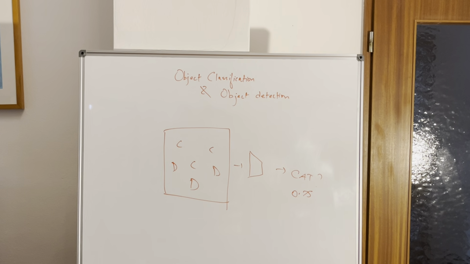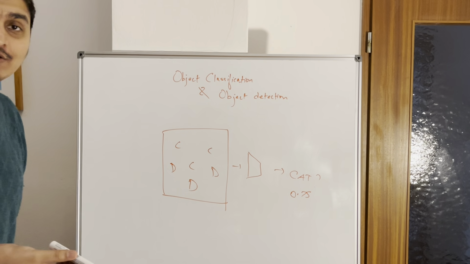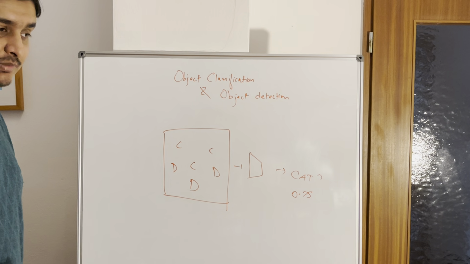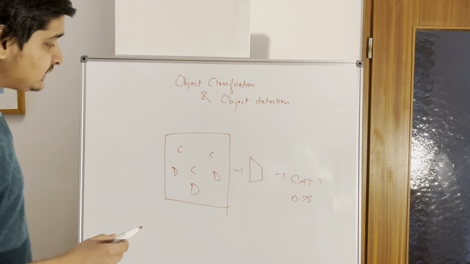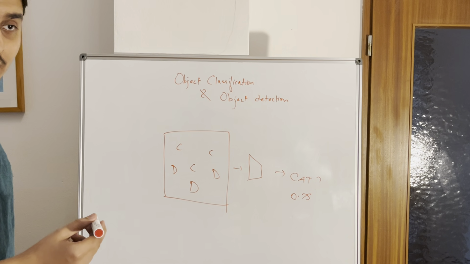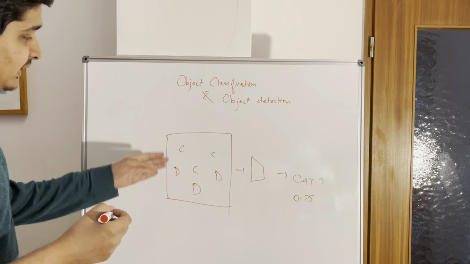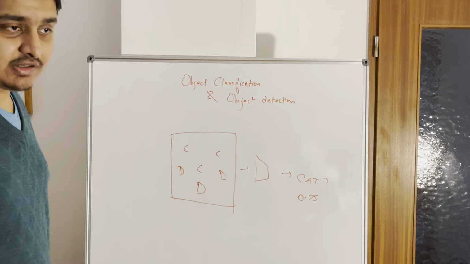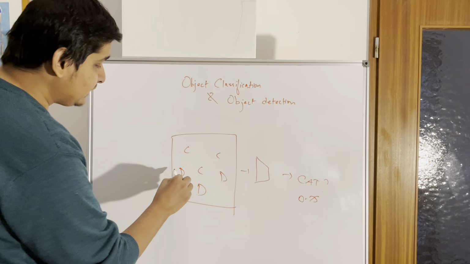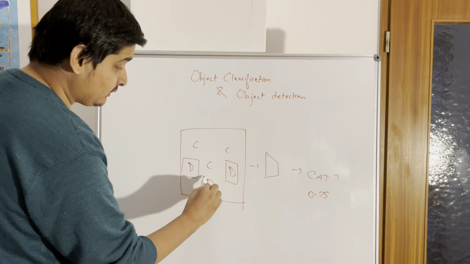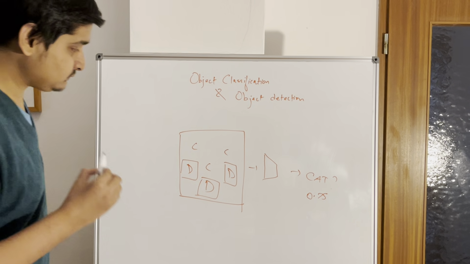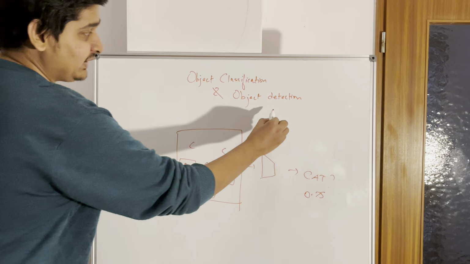You want to know, for example, how many cats or how many dogs are there in this image, and we want all of them to be identified. For example, you ask the model, can you tell me, if I give you this image, how many dogs are there in this picture? And the model is supposed to tell you, yeah, there is a dog, there is a dog, and there is a dog. This is object detection.